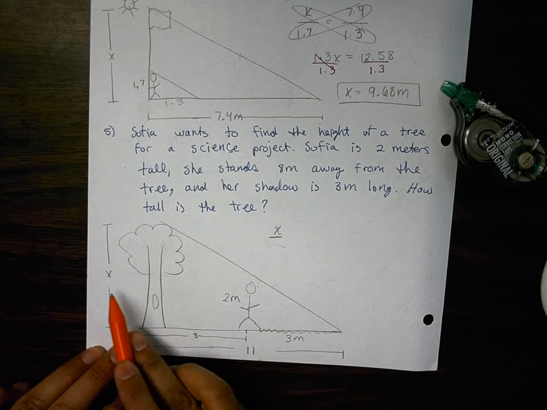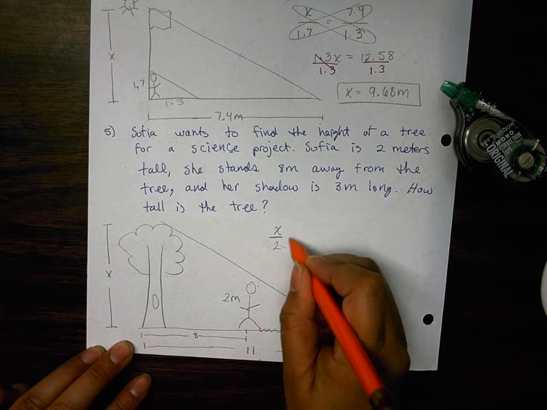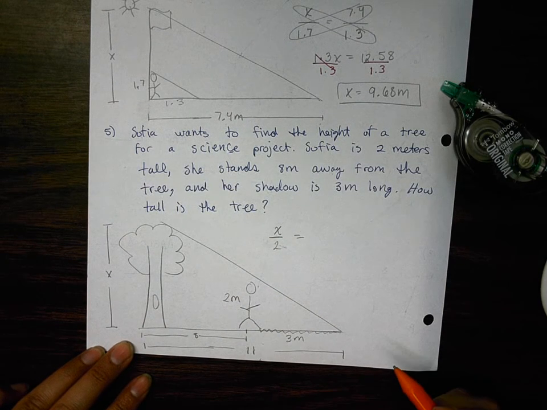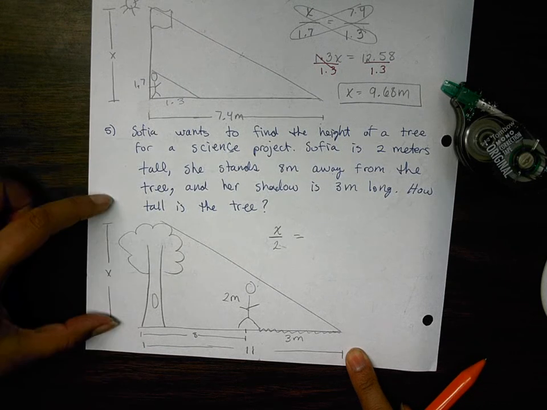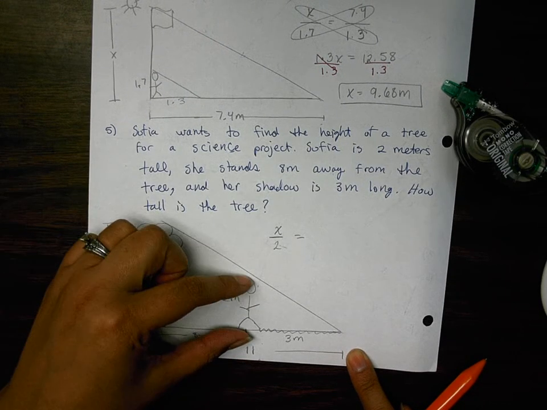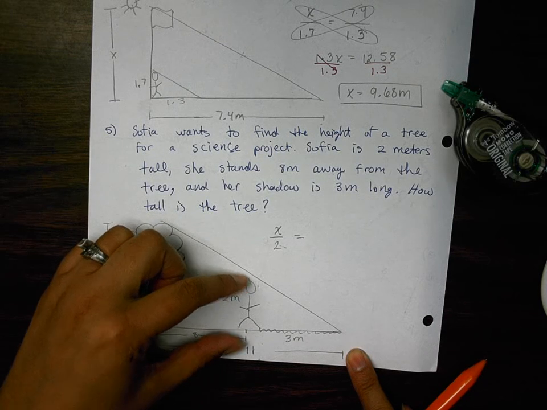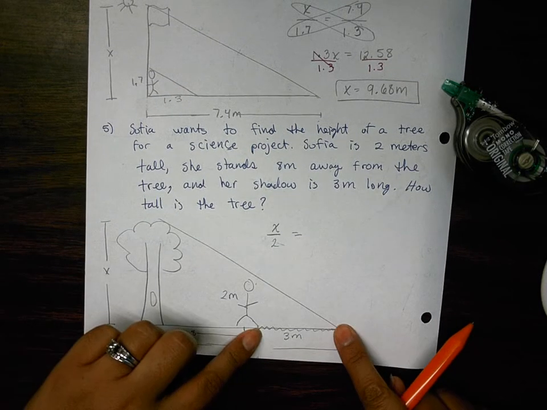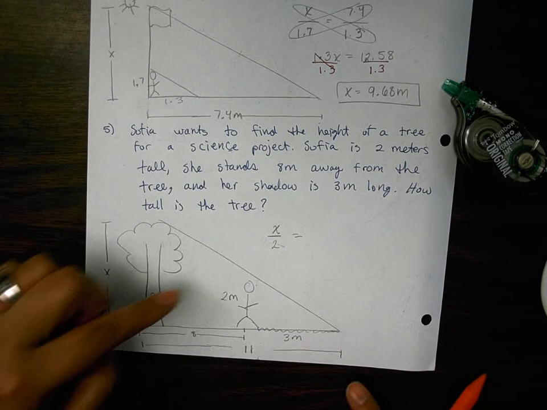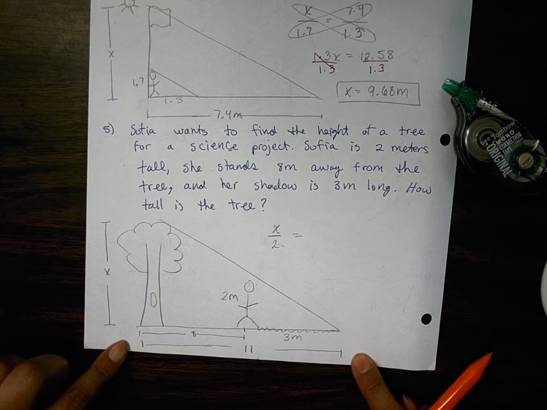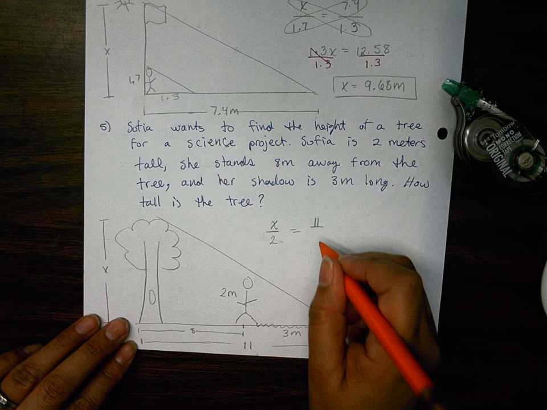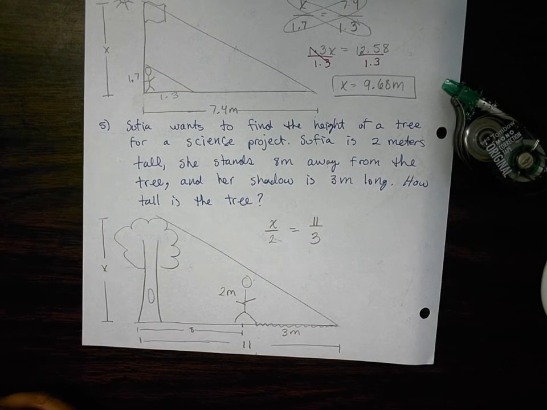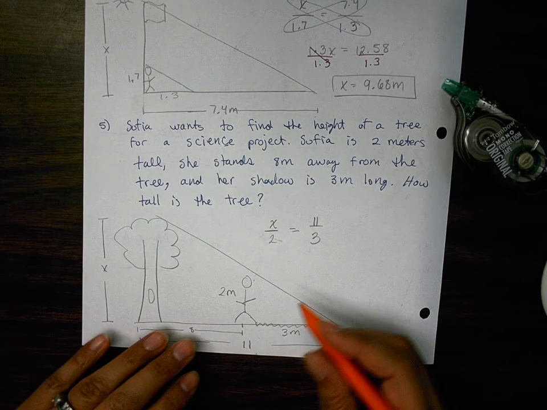All right. So what do we say then? X over 2 equals what? X, tree over child, equals tree over child. X over 2 equals 8 or 11? 11 over the shadow of the child or the young girl.